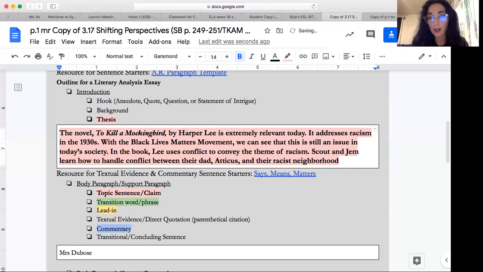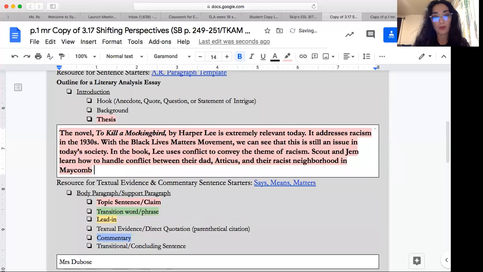And I can end it there, but it's nice to add some background information so that someone who hasn't read this book knows it's in Maycomb, Alabama. So I can add in their racist neighborhood in Maycomb, Alabama. It's just nice to give your reader that extra information.